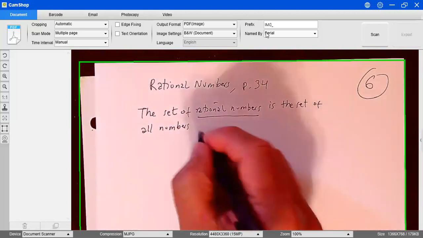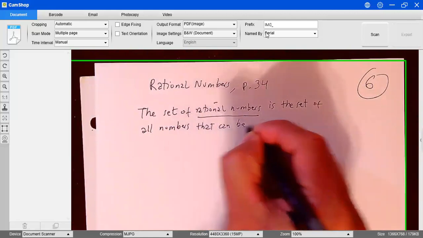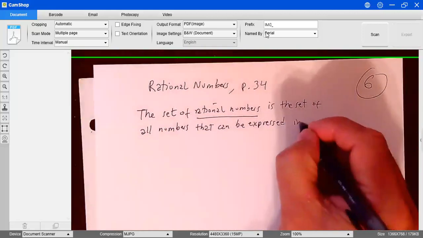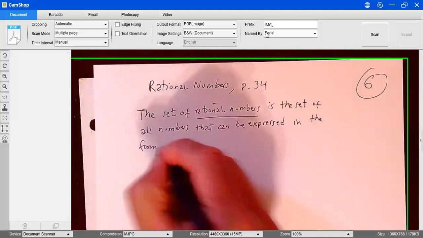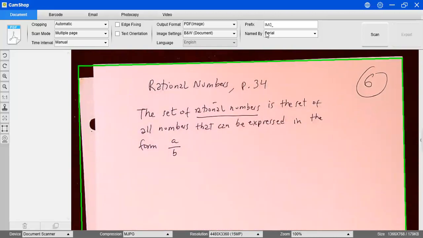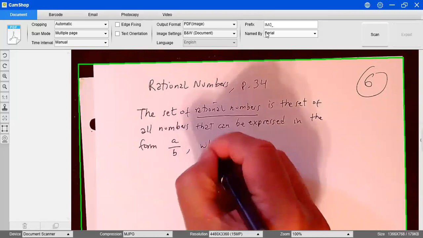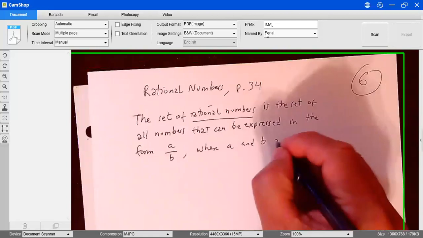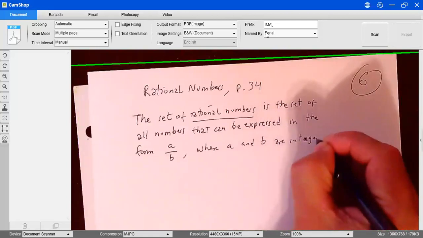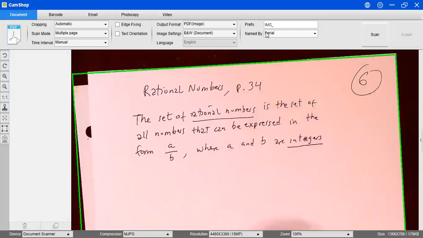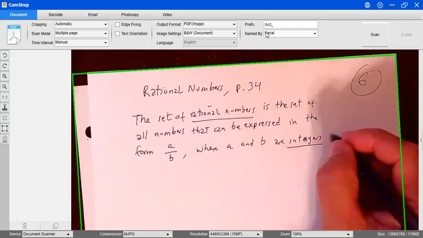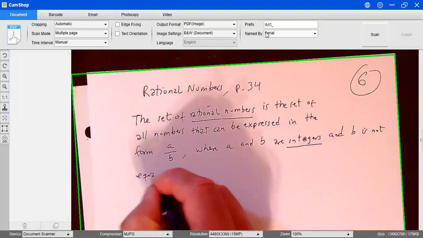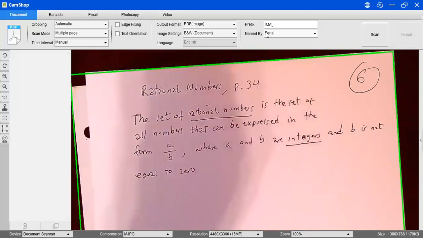that can be expressed in the form A over B, where A and B are integers, so that's important, and B is not equal to 0.